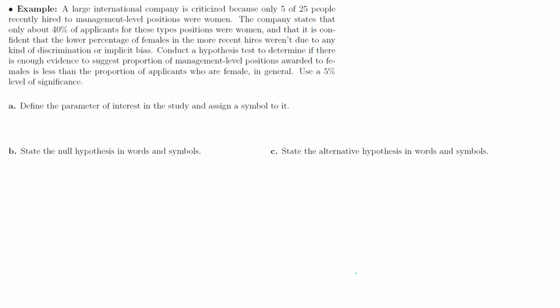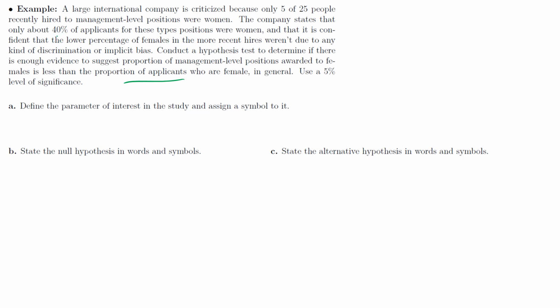So we want to conduct a hypothesis test to determine if there's enough evidence to suggest that generally the proportion of management level positions awarded to females is less than the proportion of applicants. Okay, now you might look at this 40% number and say, well, it's kind of problematic that you're only getting 40% of your applicants being women, but we're not going to address that question, right?